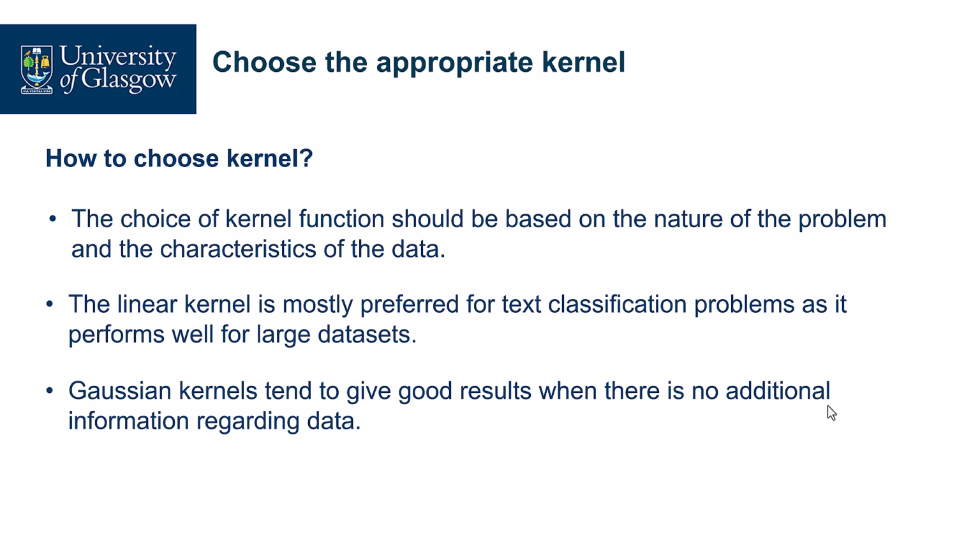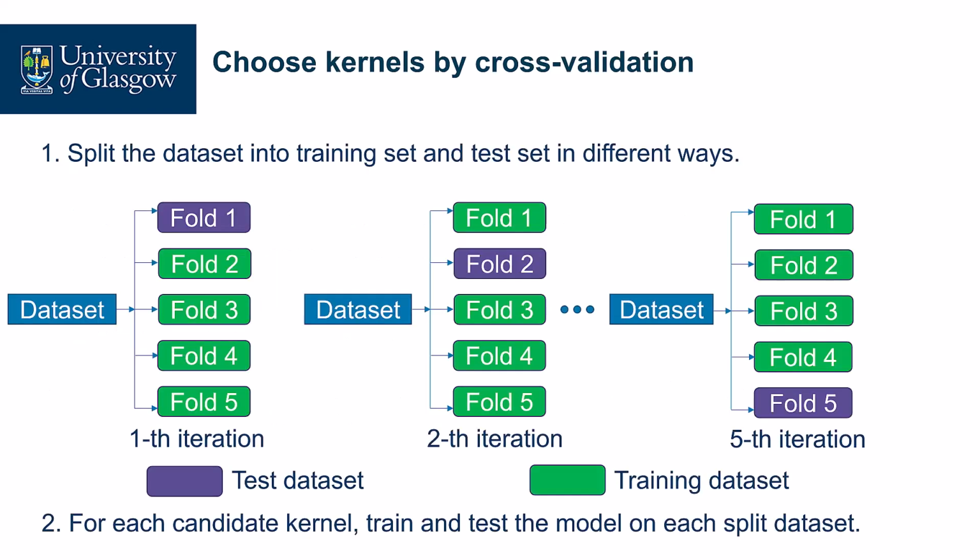But we can also use what we have learned, cross-validation, to assess each kernel's performance. We can try them one by one, evaluate them objectively, and select the best one. So this is cross-validation, which we have gone over several times.